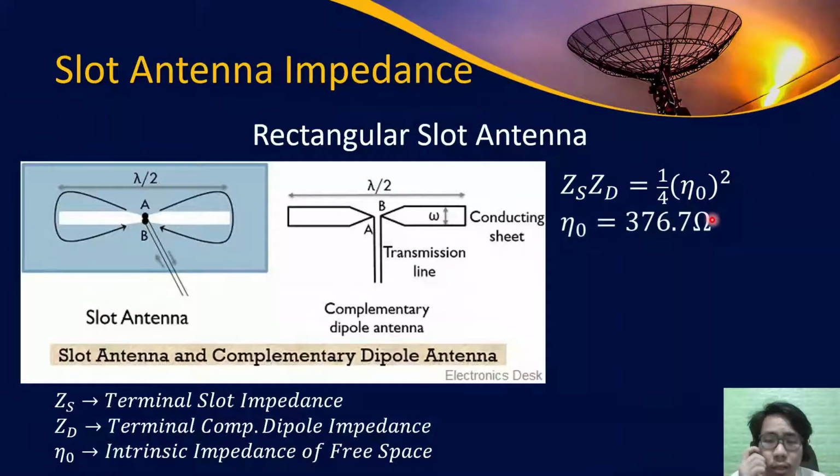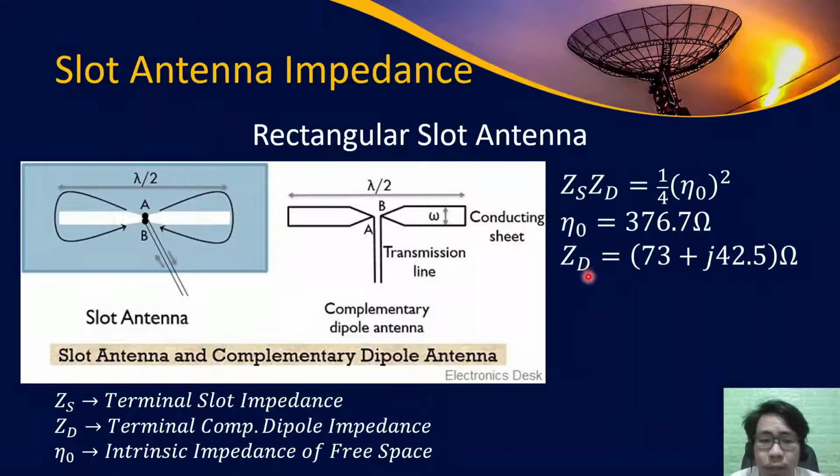We know that the intrinsic impedance of free space is equal to 376.7 ohms, and we also know that the terminal impedance of our half-wave dipole antenna is 73 plus j42.5 ohms, because this is a half-wave dipole antenna. Substituting the values, we will get the impedance of our slot antenna, which is 363 minus j211 ohms.